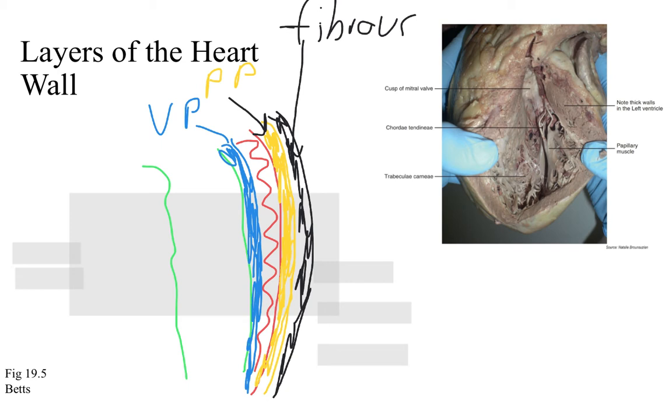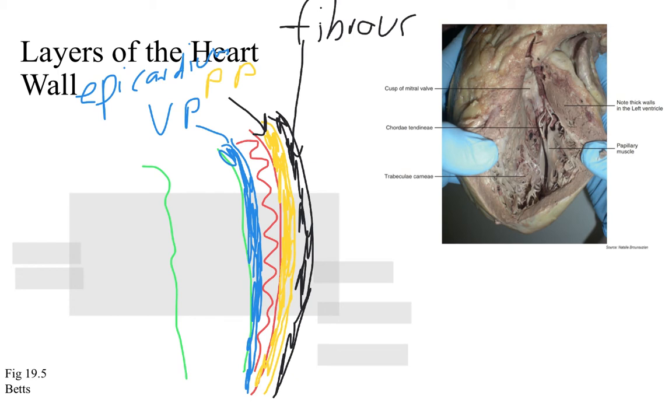The visceral pericardium is also known as the epicardium. All right. So the visceral pericardium and the epicardium are the same thing. They just have two different names depending on how you're talking about it. If you're talking about the pericardium, then it's going to be the visceral pericardium. If you're talking about the walls of the actual heart itself, then it's going to be called the epicardium.